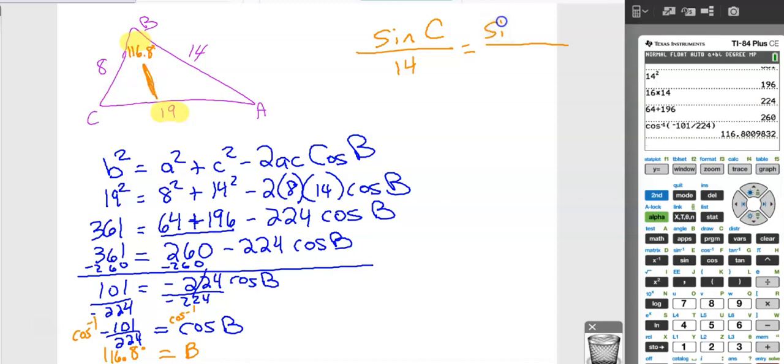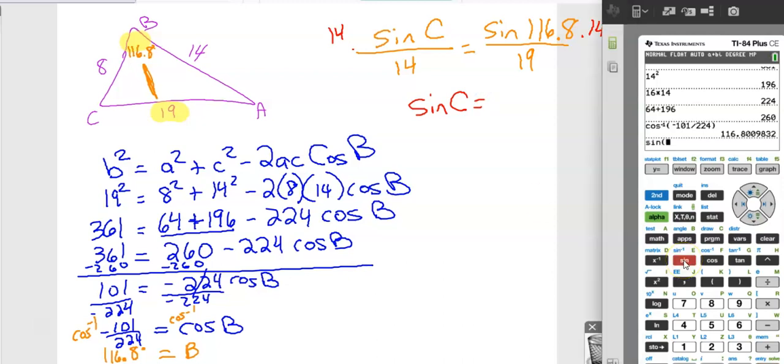So I'm going to do the sine of 116.8 divided by 19. And I do want you to notice I put the angle up top because that's what I'm trying to find. So here, I'm going to multiply both sides by 14. So I have the sine of C equals, and I'm just going to plug all that into my calculator.